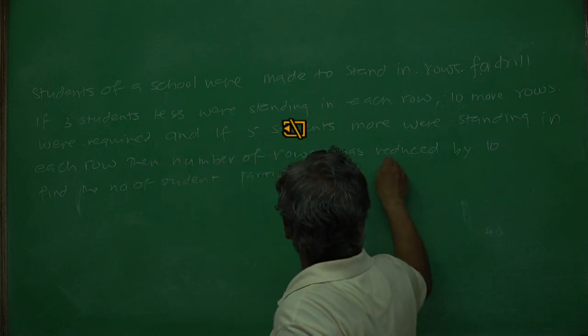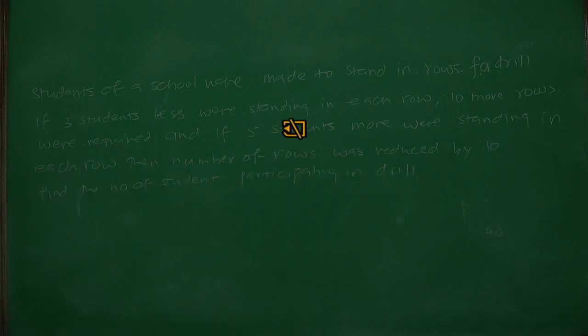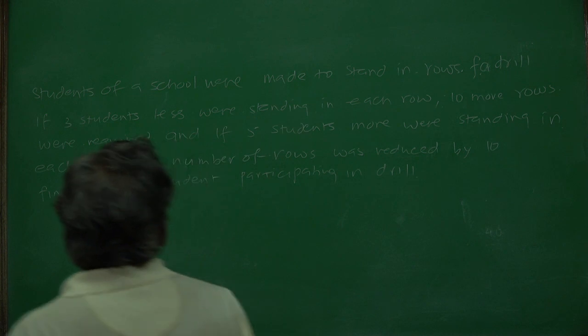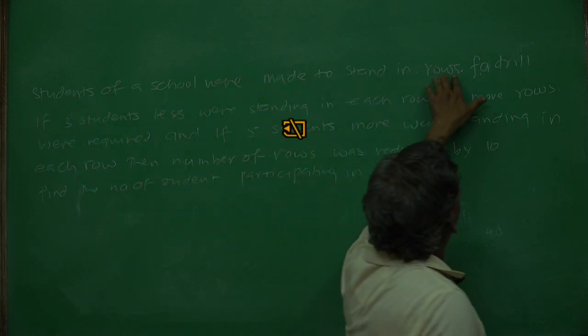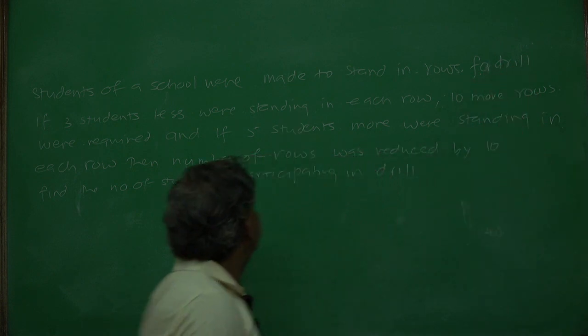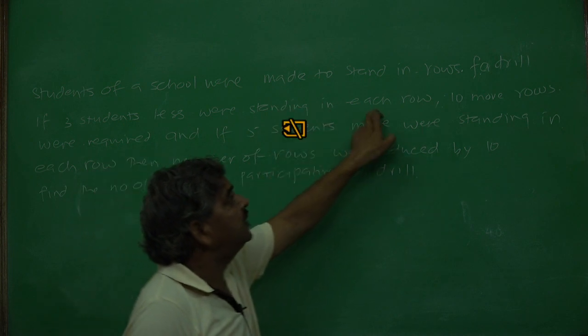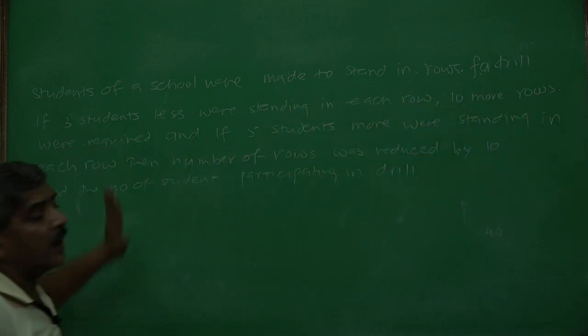Read the question again and again. जब तक क्वेश्चन समझ में नहीं आता क्वेश्चन रीड करो. Students of a school were made to stand in rows for drill. If 3 students less were standing in each row, 10 more rows were required.